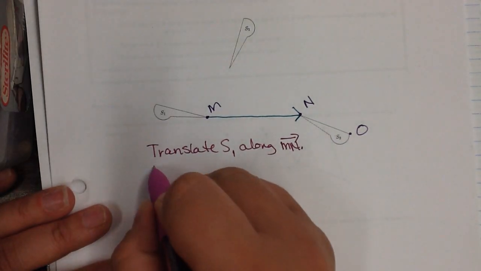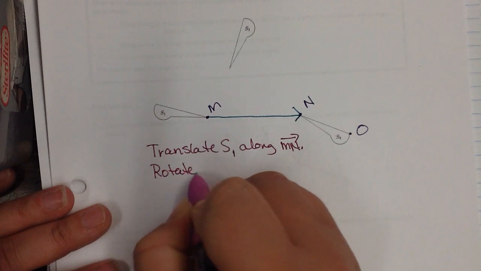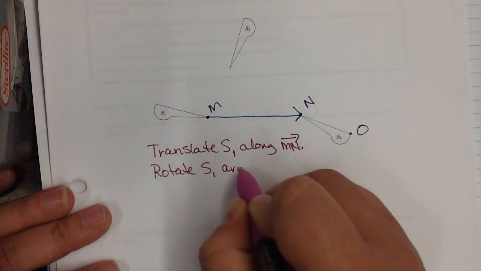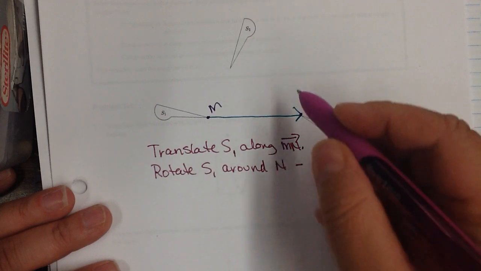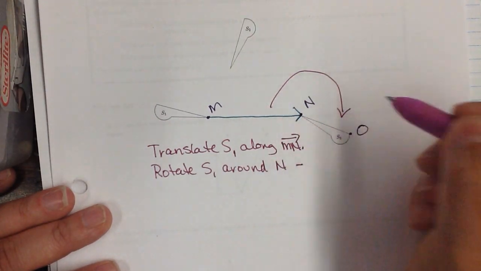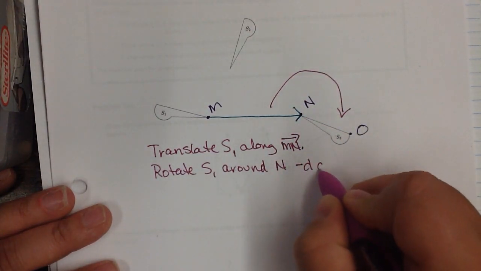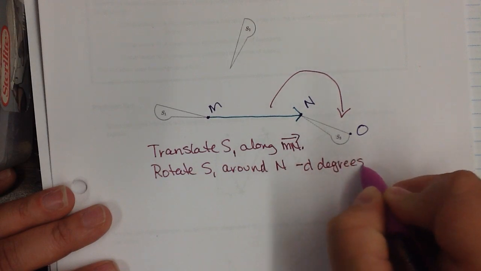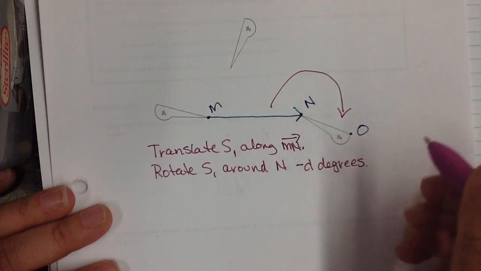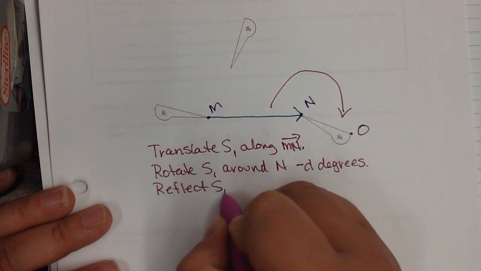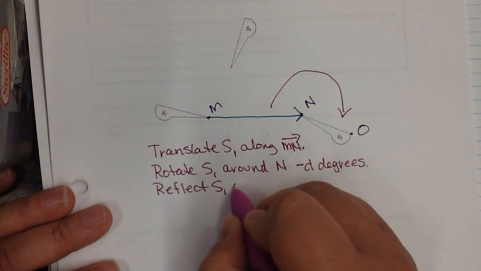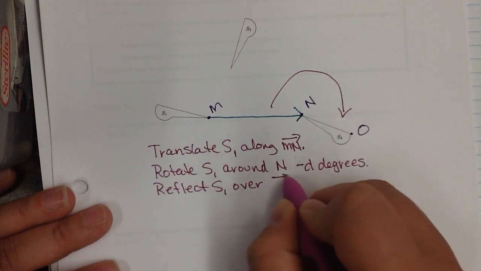Then you would rotate S1 around N. I went clockwise, so that would be -d degrees. And then I would reflect S1 over segment NO.